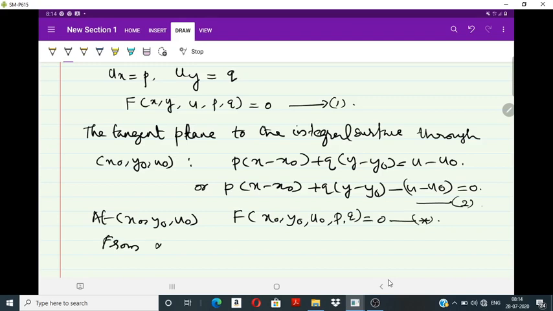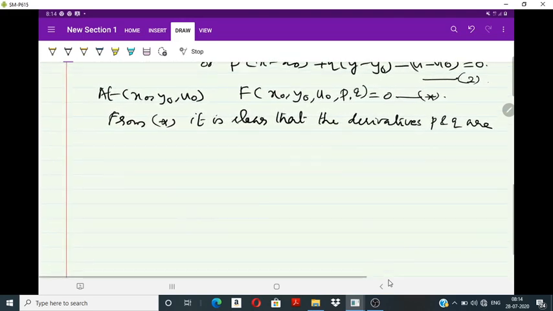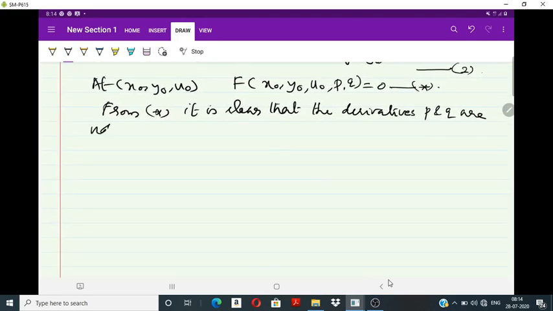From star it is clear that the derivatives p and q, which are the derivatives ux and uy, are not independent at x naught, y naught and u naught.